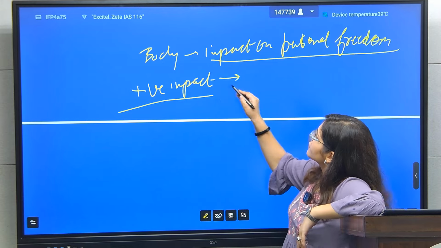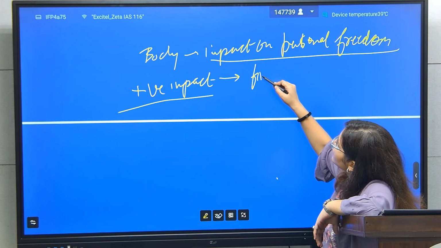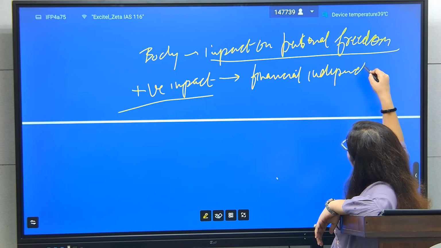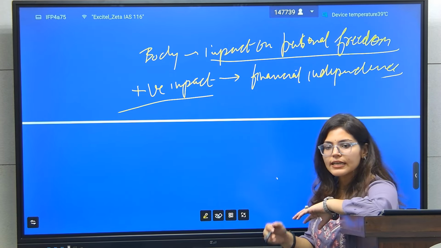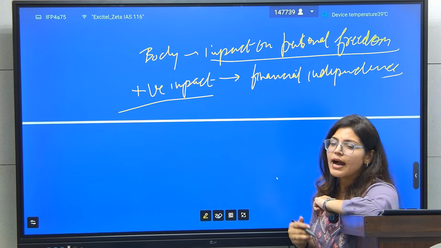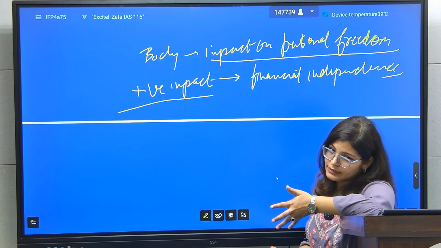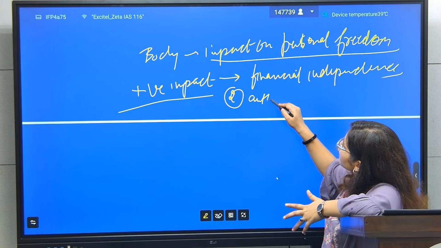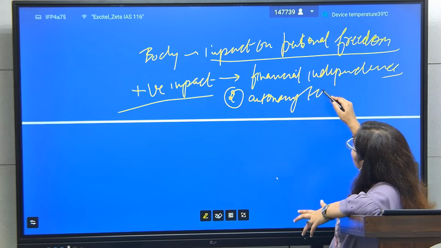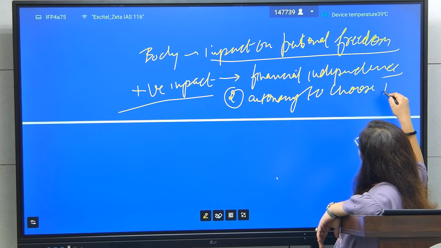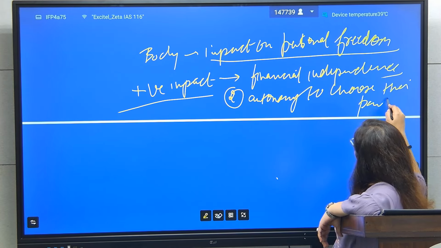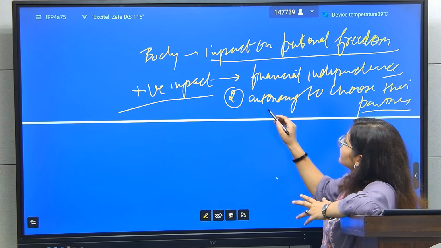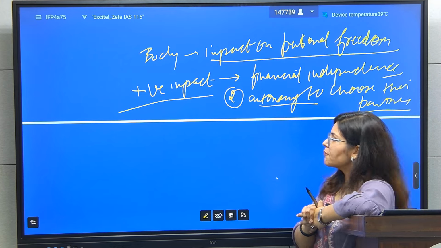There is financial independence. Now these skilled young and unmarried women are more financially independent. Second is autonomy to choose their partner. So now they have autonomy to choose their life partner. This is also a positive impact for women.